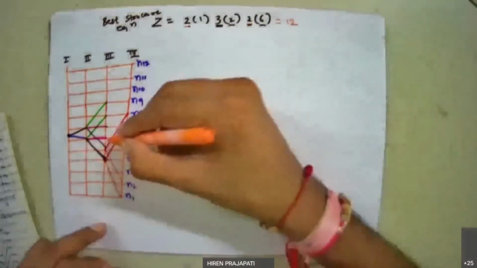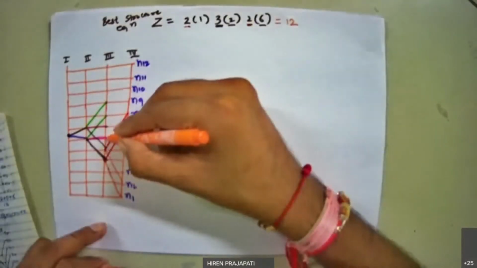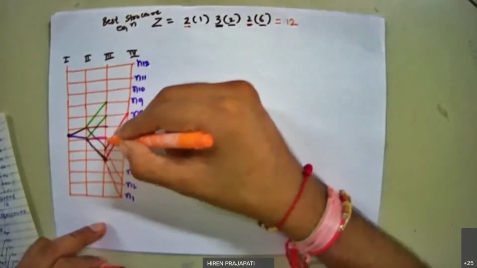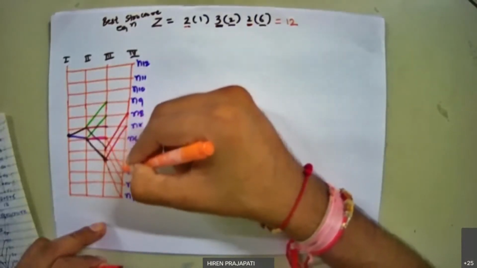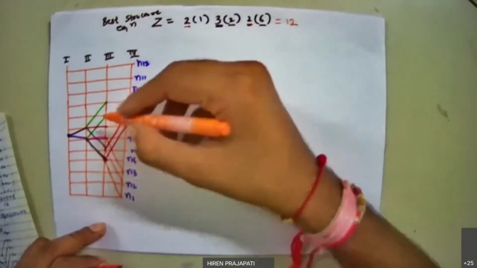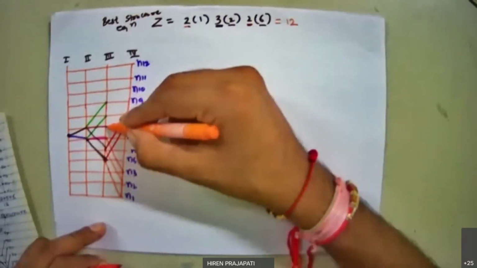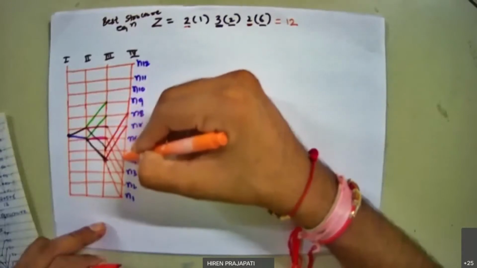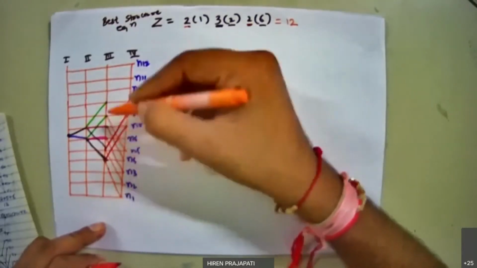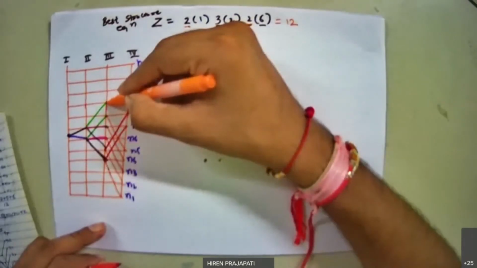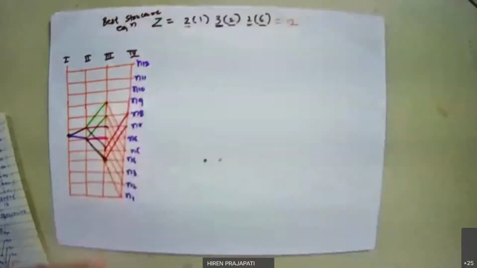Similarly now from this n3, from this n4, from this n5, from this n6.